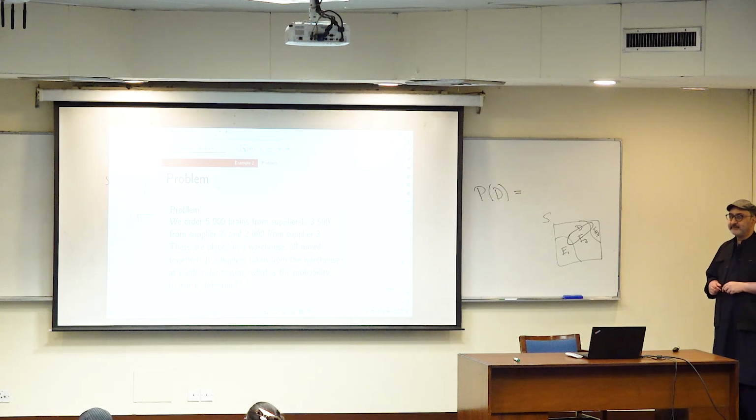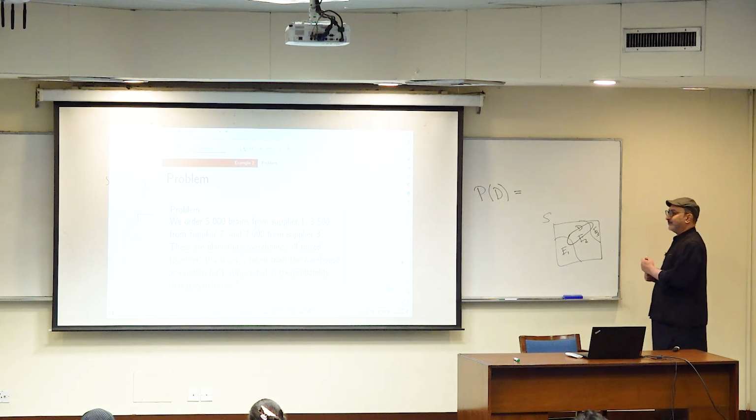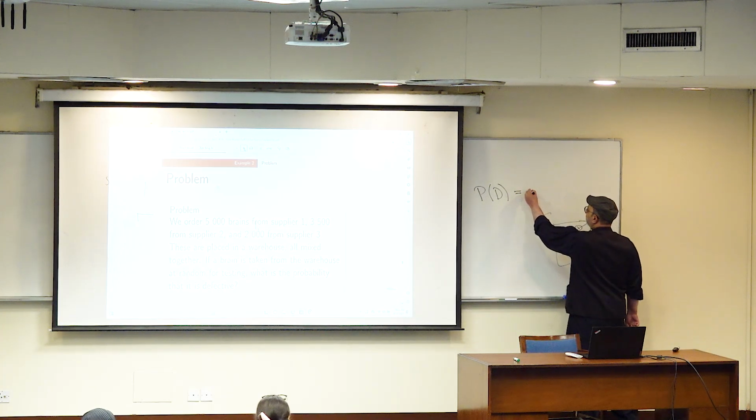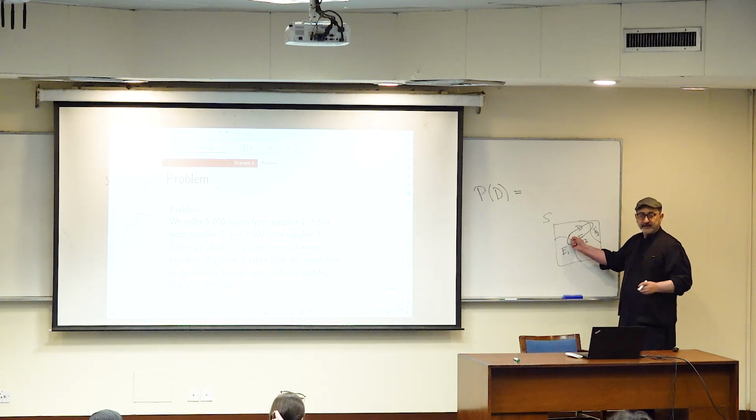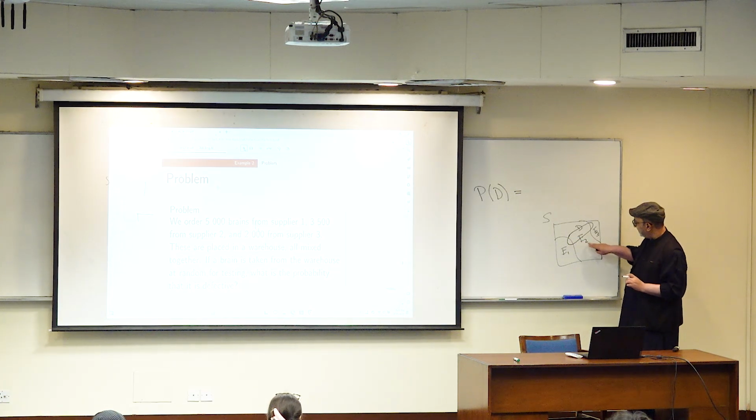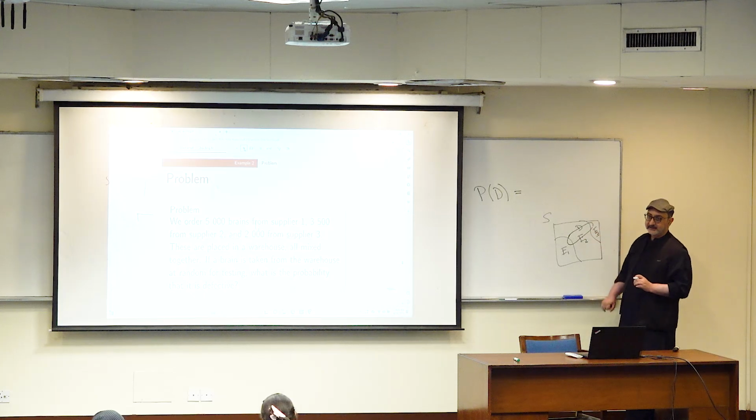Okay, so what does that remind you of? Probability of D given... okay, so you're almost right. When you have a partition and you've got a set like this, D, you can take the probability for this intersection plus the probability of this intersection plus the probability of that intersection.